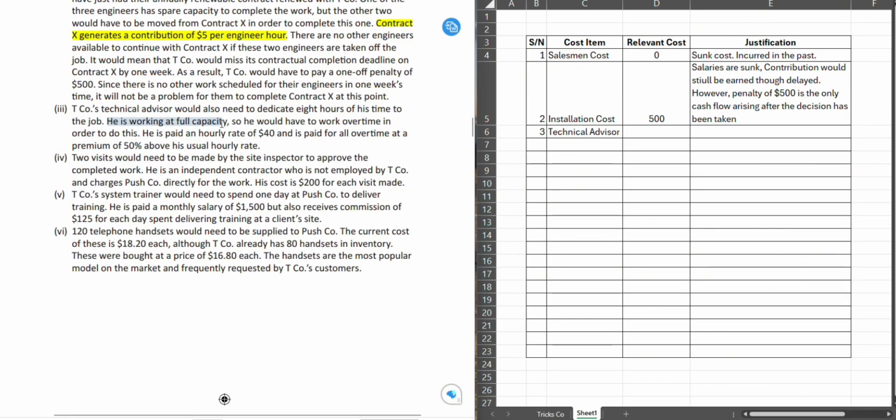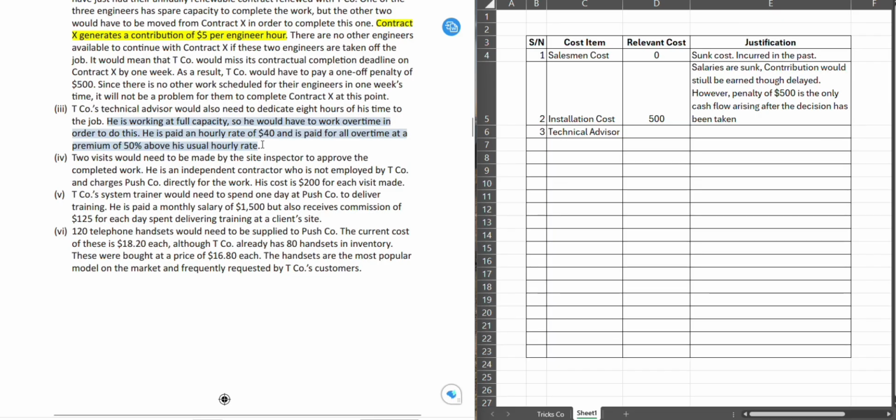He's working at full capacity, so he would have to work overtime in order to do this. He is paid an hourly rate of $40 and is paid for all overtime at a premium of 50% above his usual hourly rate.